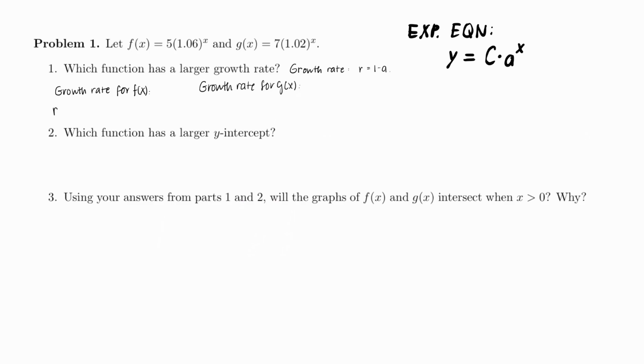So r is equal to 1.06 minus 1, which is 0.06. That's the growth rate for f of x. And over here, r is equal to 1.02 minus 1. So we get 0.02 is the growth rate for g of x. So which one of these is larger?